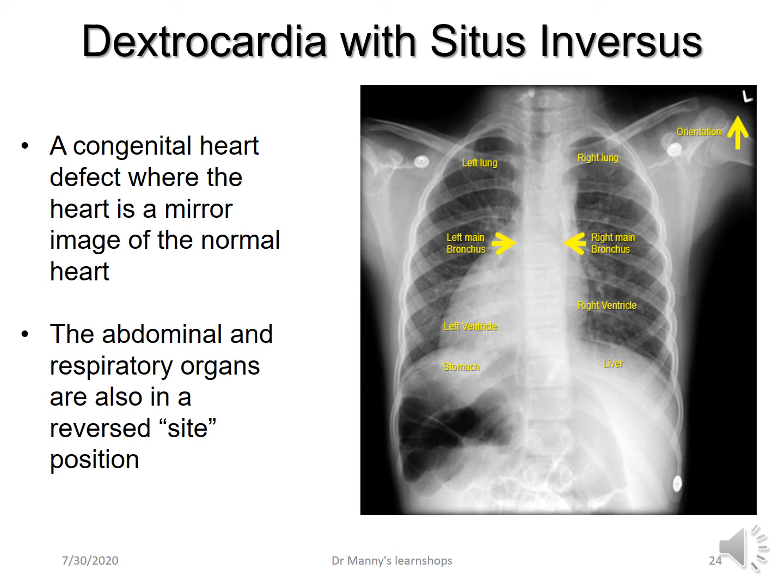Left and right main bronchus are incorrectly placed. As we indicated previously, left and right ventricle are mirror imaged. Stomach and liver are also reversed. This is an example of dextrocardia with situs inversus.